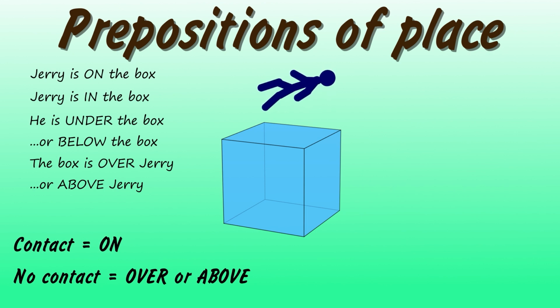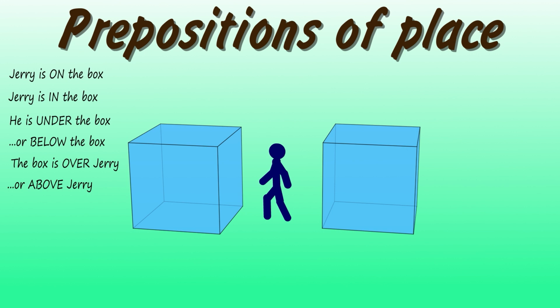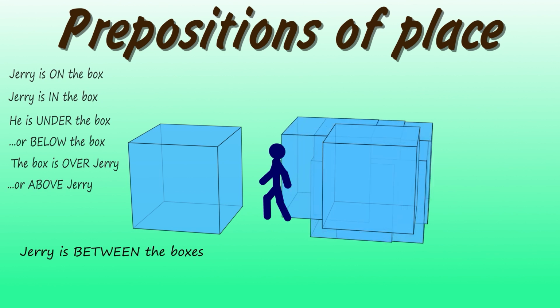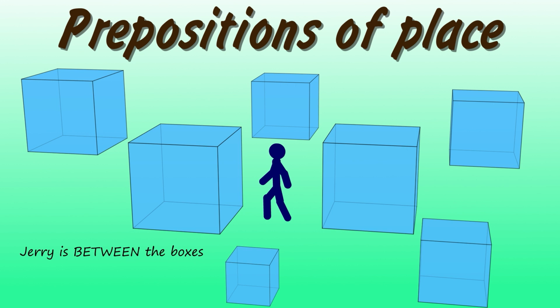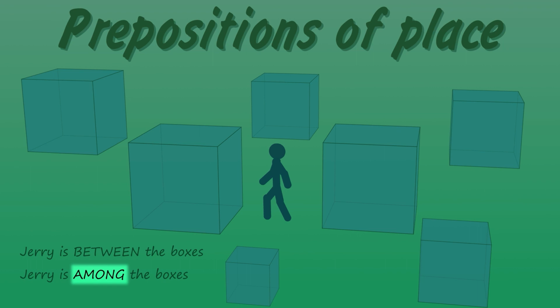If we have two boxes and Jerry is in the middle, we can say that Jerry is between the boxes. If there are various boxes and Jerry is somewhere in the middle, we can say that he is among the boxes. Among and between mean slightly different things.